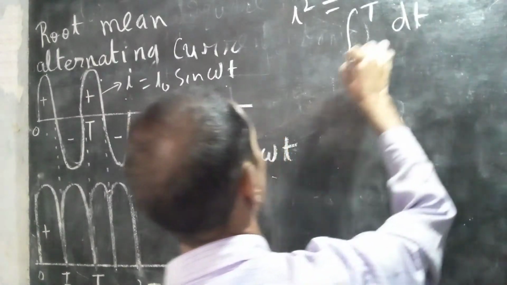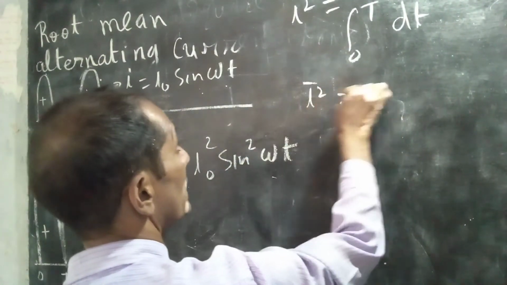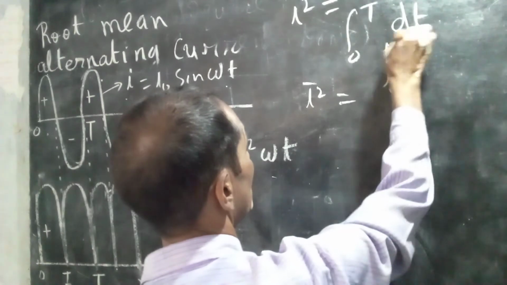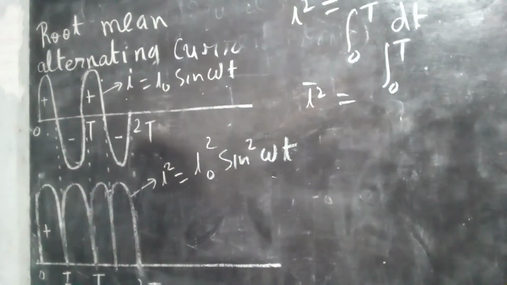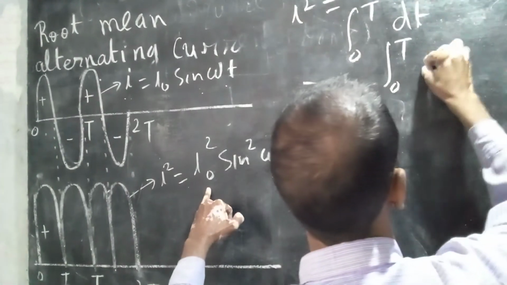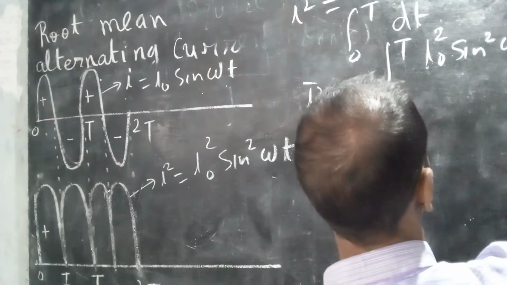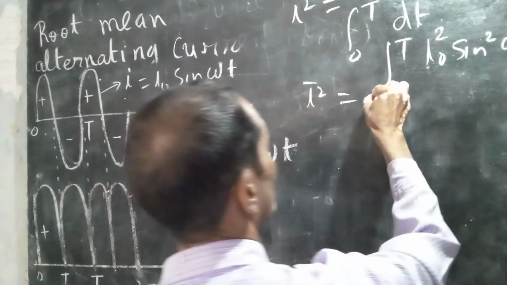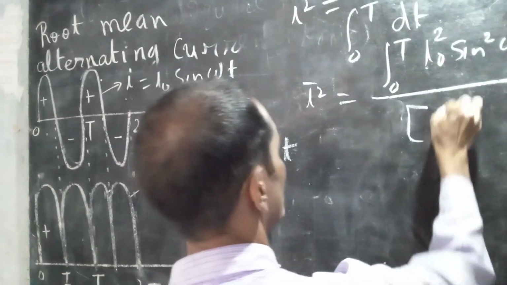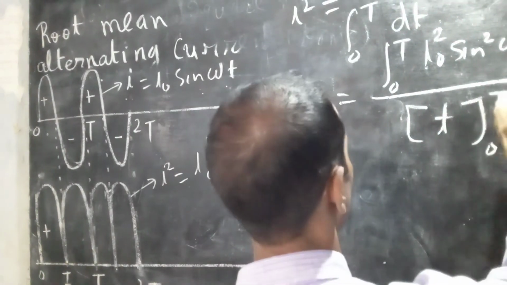So I square bar becomes integration 0 to T of I square, where the value of I square is I0 square sin square omega t dt, upon integration 0 to T of dt.